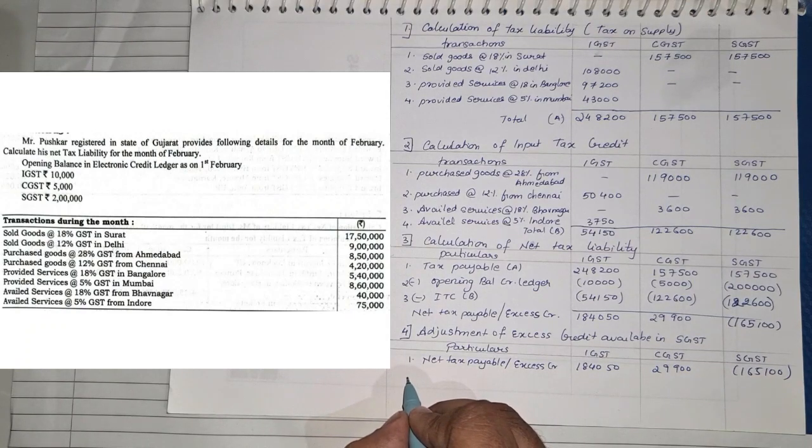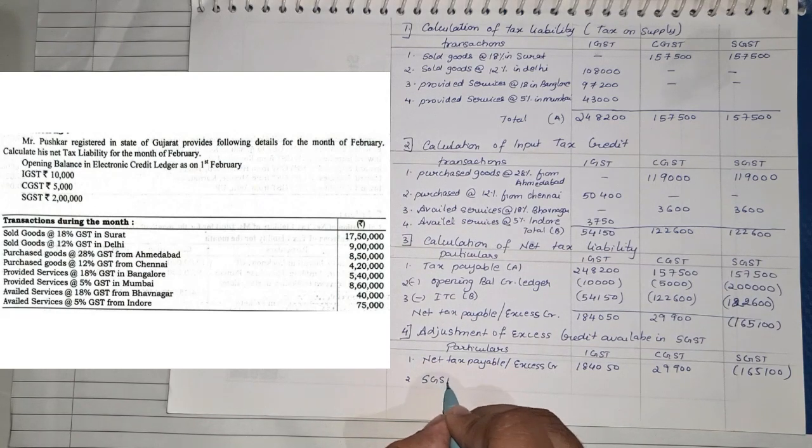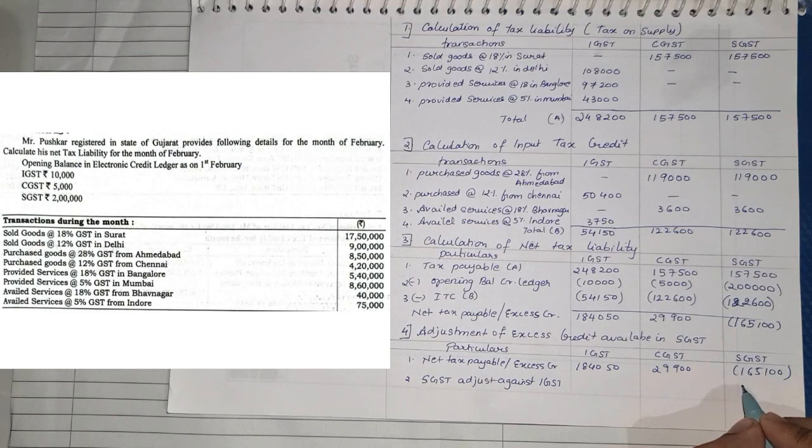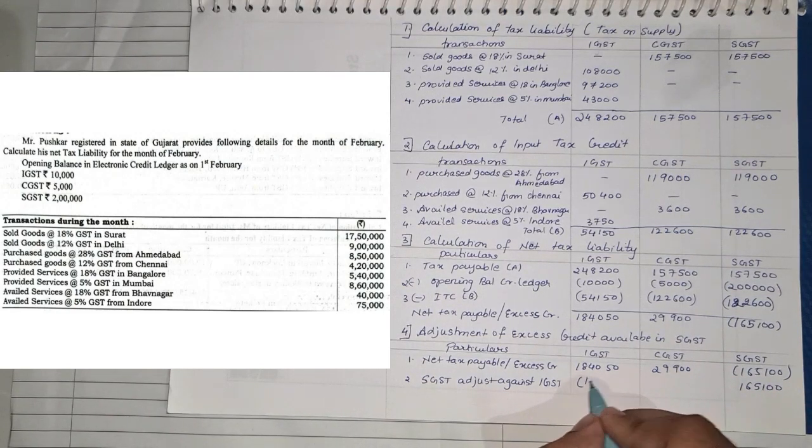Step number 2, now we are going to adjust this. So I'll write here SGST adjust against IGST. I'll put this as positive 65,100 and I'll put it here as 1,65,100 as negative.